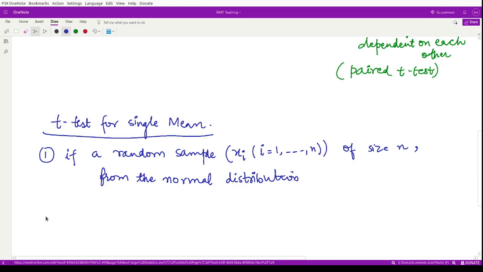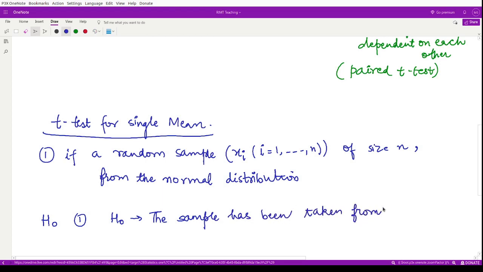So here, the first thing that you may formulate as your null hypothesis H naught is that the sample has been taken from some population having mean mu naught.